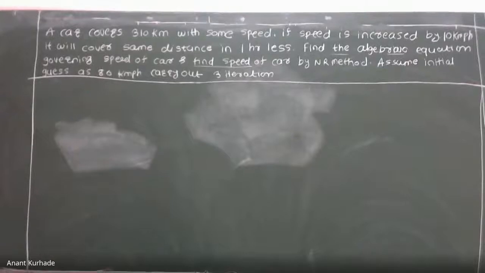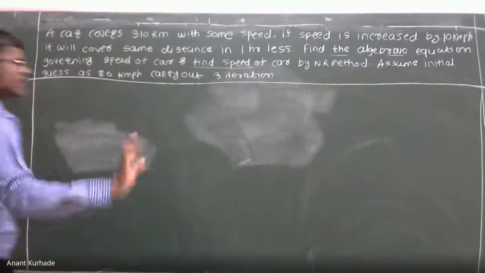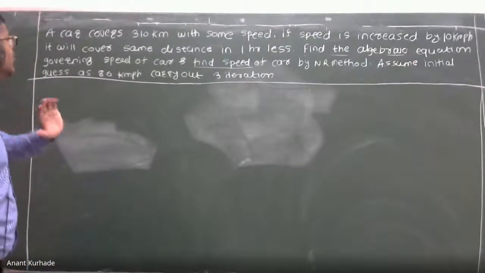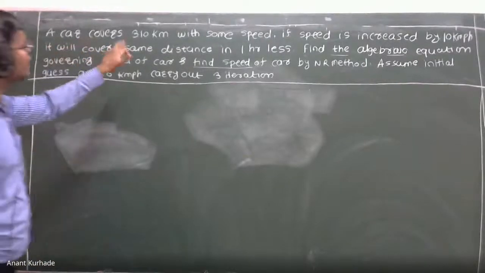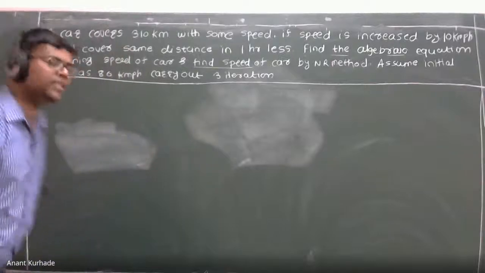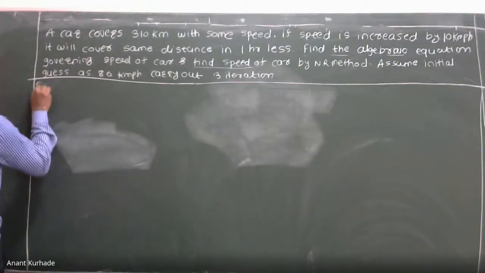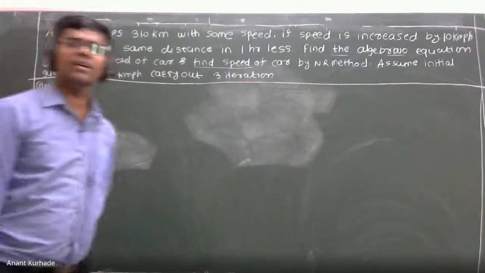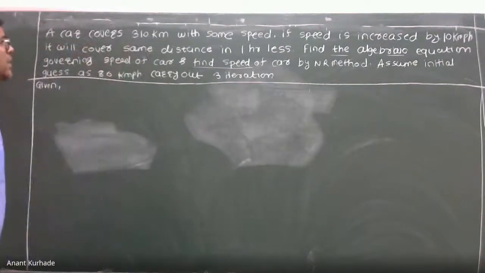Now, before solving this, see here. What is given in this problem? A car covers 310 kilometers. So, what is this 310 kilometer? It is distance.